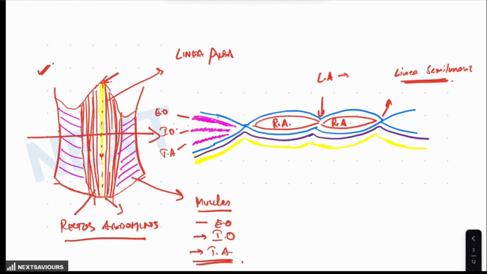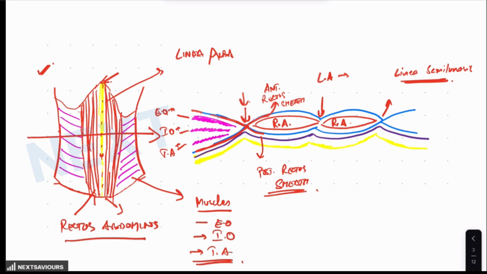Basically, these lateral compartment muscles, that is external oblique, internal oblique, and transversus abdominis, have their own aponeurotic sheaths which fuse at the level of linea semilunaris, and then they give slips to the rectus abdominis muscles, so that on the anterior aspect we have the anterior rectus sheath, and on the posterior aspect we have the posterior rectus sheath.